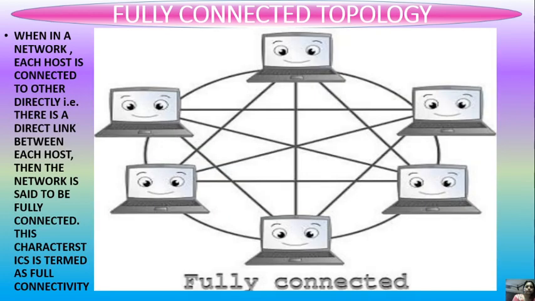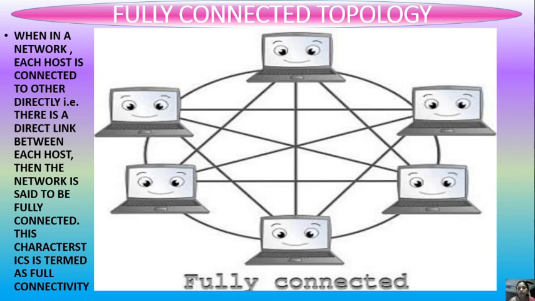Now, the next is fully connected topology. You can see the image here. Each node, or we can say each PC, is connected directly with another PC. Each PC is connected with another PC directly with a dedicated wire.